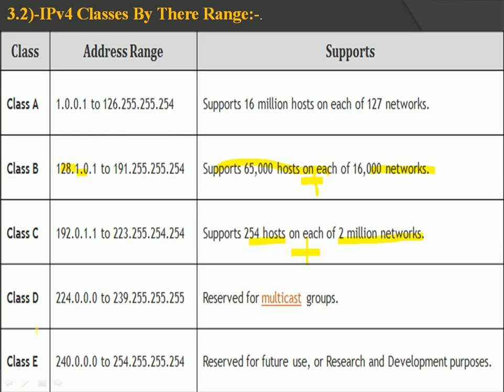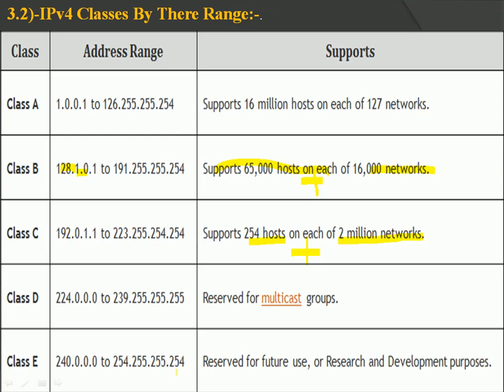And class E. Class E is reserved for future use and research and development purposes. The range of class E is 240.0.0.0 to 254.255.255.254. So the total range of IP version 4 is 0 to 255.